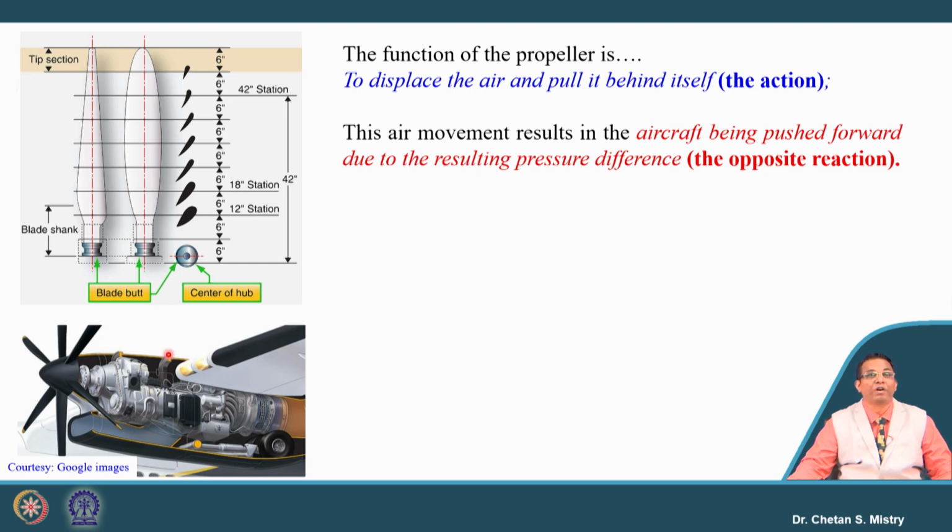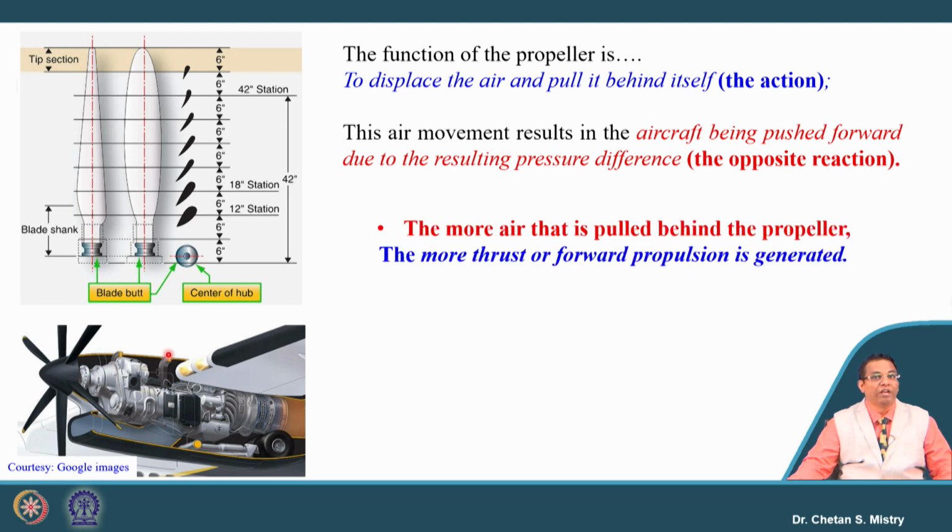So it is nothing but the opposite reaction we have. The meaning is, if by some means you are able to move air in more quantity, and pull it behind the propeller, then we can generate more thrust or forward propulsion. That is the whole purpose of providing propellers.